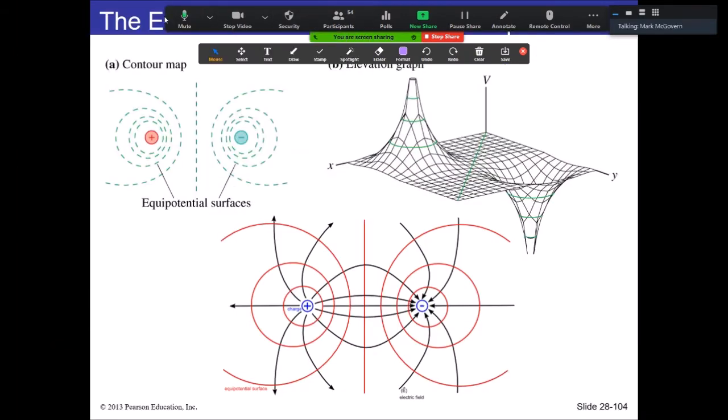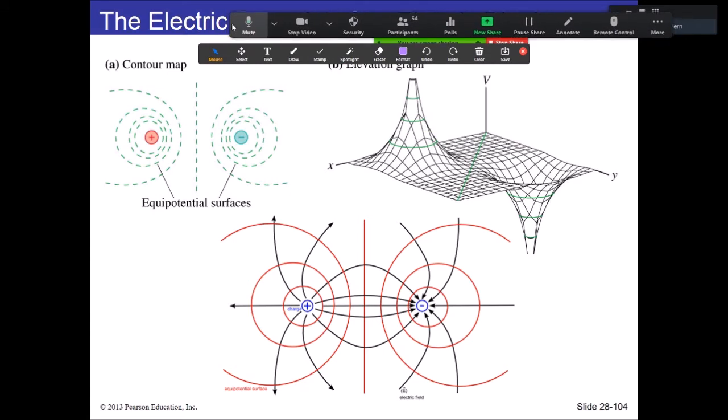So here's how the electric potential looks. If you remember, we had not a problem, but a question in the last class where I asked you what the electric field and the potential is from a dipole. And what we found is that in the middle, the potential is 0.